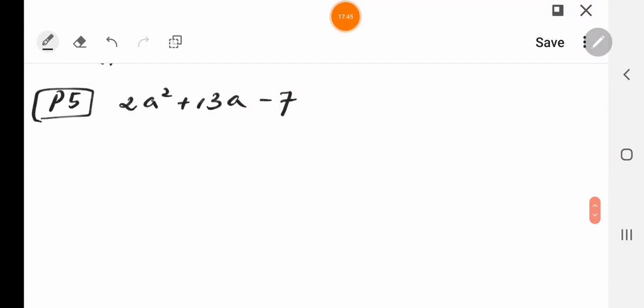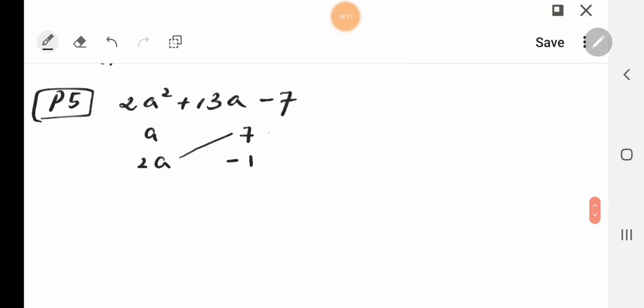Okay, for problem number 5, 2a squared and 8. There's no common factor, so we can just use our method. 8 is 8 times 1, and 2a. 7 is 7 times 1. We have to put a negative sign because the product has to be negative. So put the negative sign on either 7 or 1, but 1 is the right place.